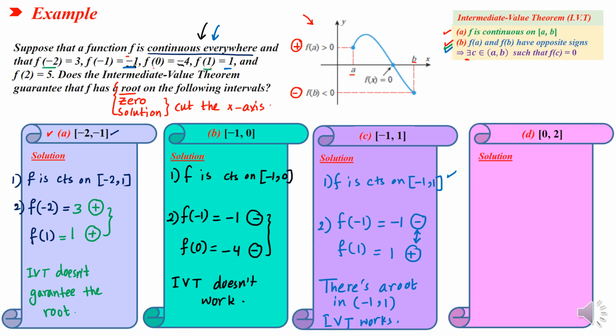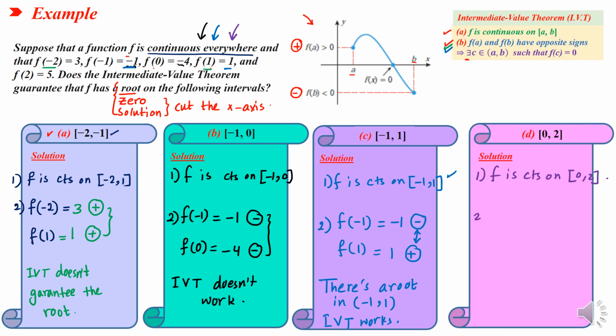Now in part D you have the interval from 0 to 2, and again, firstly f is continuous on the closed interval from 0 to 2, since it is continuous everywhere from the question.